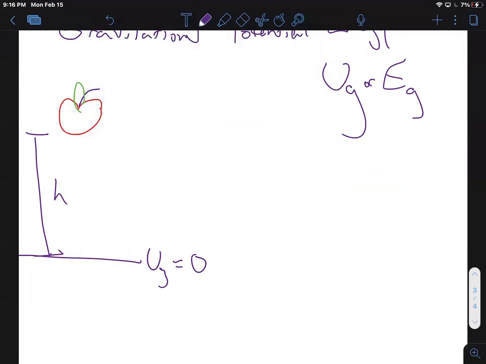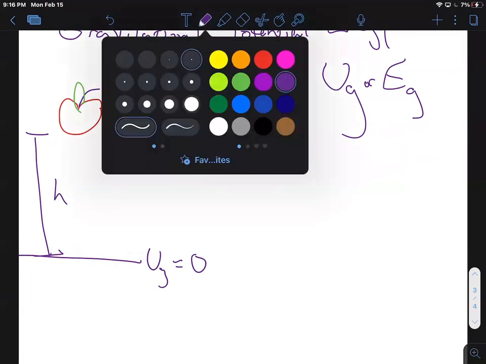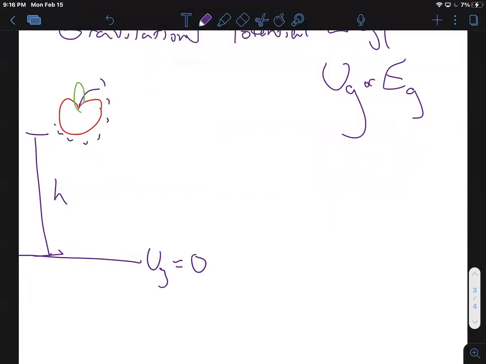All right, well, let's think about this apple. Let's make the apple our system. What forces are acting on our apple if we just drop it? Well, that's just the Earth. Earth has that gravitational force pulling down on that apple. And how big is that force? You know, it's m times g, the gravitational constant.